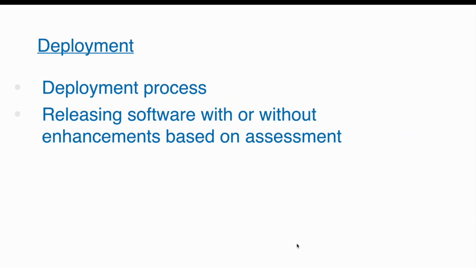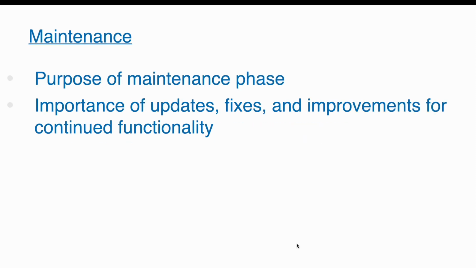Next step is deployment. Once the software has been thoroughly tested and certified to be bug free or error free, it is ready for deployment. Depending on the assessment, the software may be released as is or with suggested enhancements in certain areas. After deployment, the software enters the maintenance phase, where updates, fixes, and improvements are made as needed to ensure continued functionality and relevance.